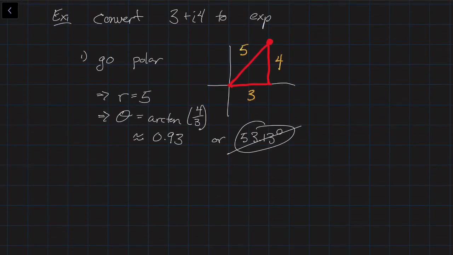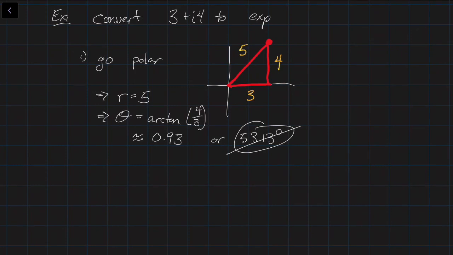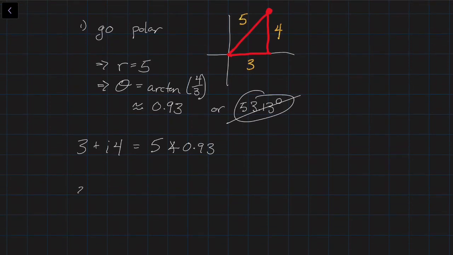But since we're in math and we're not doing anything that would warrant degrees, let's just stay away from that and use radians. So 3 plus 4i is going to be r with an angle of theta, so 5 with an angle of 0.93. And then from our polar representation, it's really easy to go exponential because we can just replace it, and it's going to be 5e to the 0.93i.